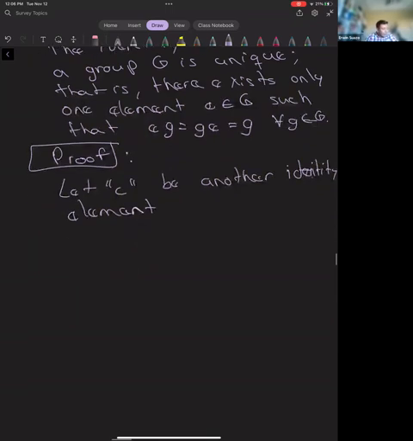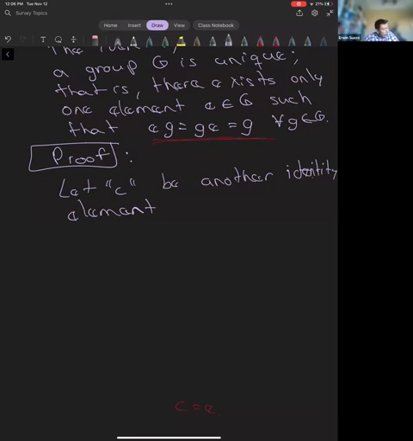So the idea is to play with these properties. I invite you to stop the video and try to prove it yourself. My hint is: let C be another identity, and at the end you're going to have to prove that C equals E. So try to play with those properties and try to prove it.